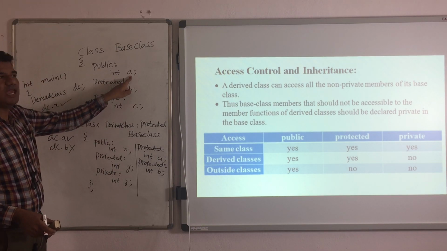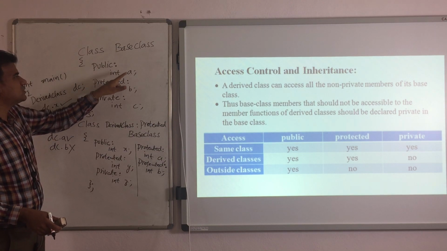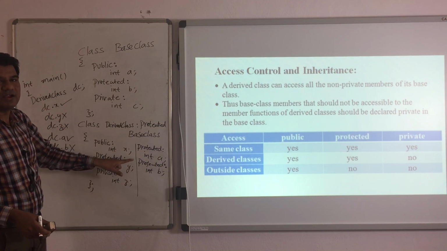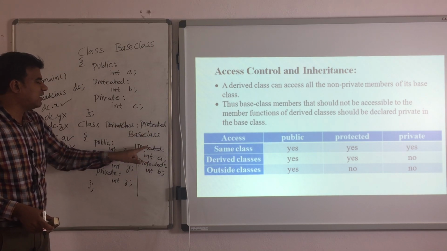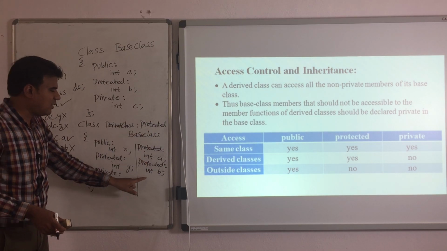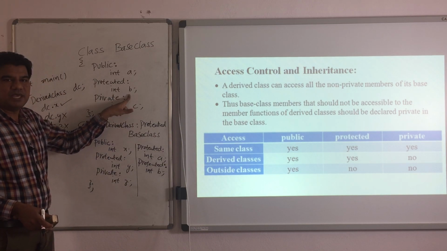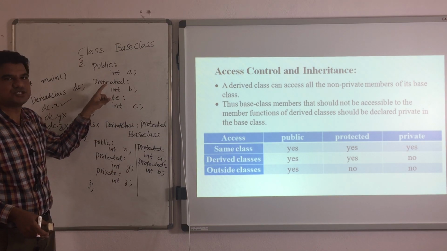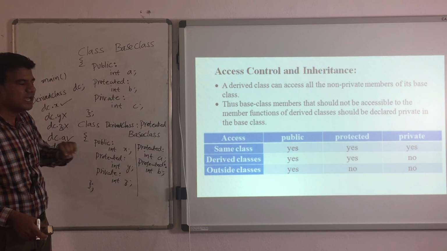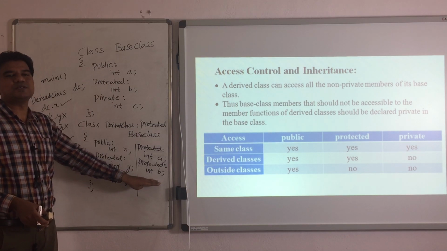So here I have A. Its access specifier is public, and I am inheriting this public member into the derived class, and my mode of inheritance is protected. So that A will become protected. Next I have B. I am inheriting this B into the derived class because B's access specifier is protected. So I can inherit that into the derived class. After inheriting, what will be the access specifier?